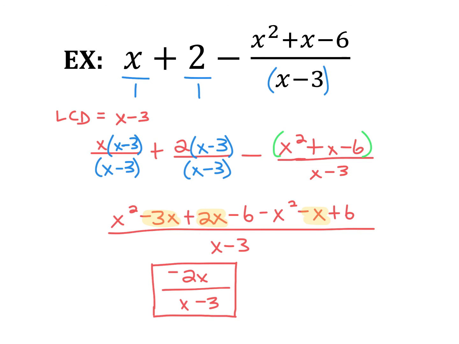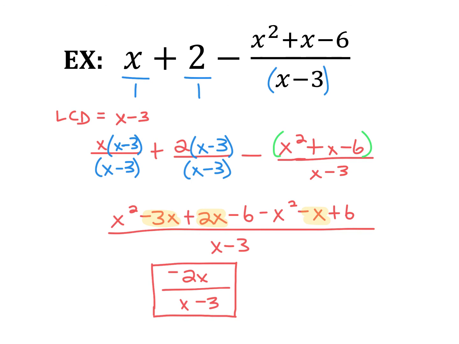Then we did our adding or subtracting of the rational expressions. And then we simplified to make our way to our final answer. The simplifying process could involve combining like terms. It could involve further factoring the numerator to see if we can do any subsequent simplifying between the numerator and denominator. But bottom line, our final answer should be the result of adding or subtracting those rational expressions and making sure that our final answer is completely simplified.